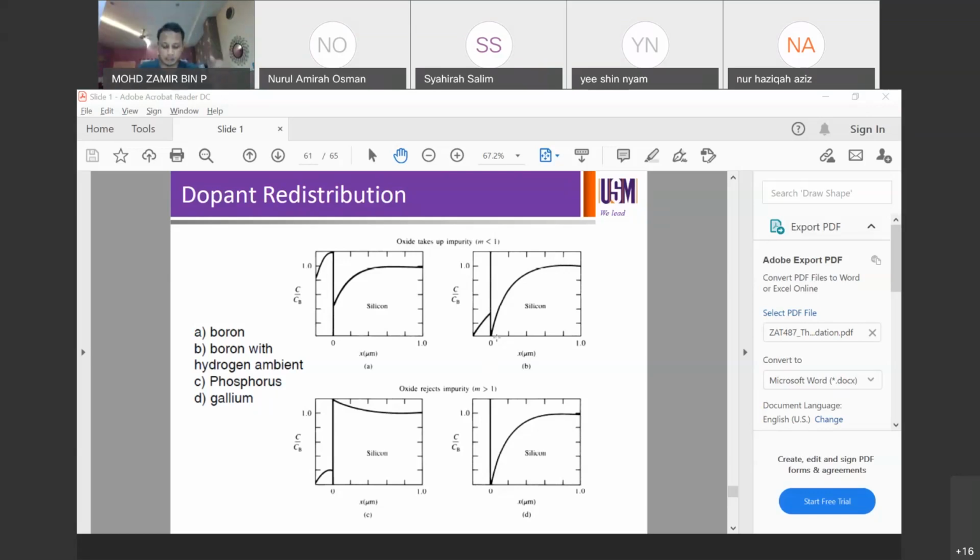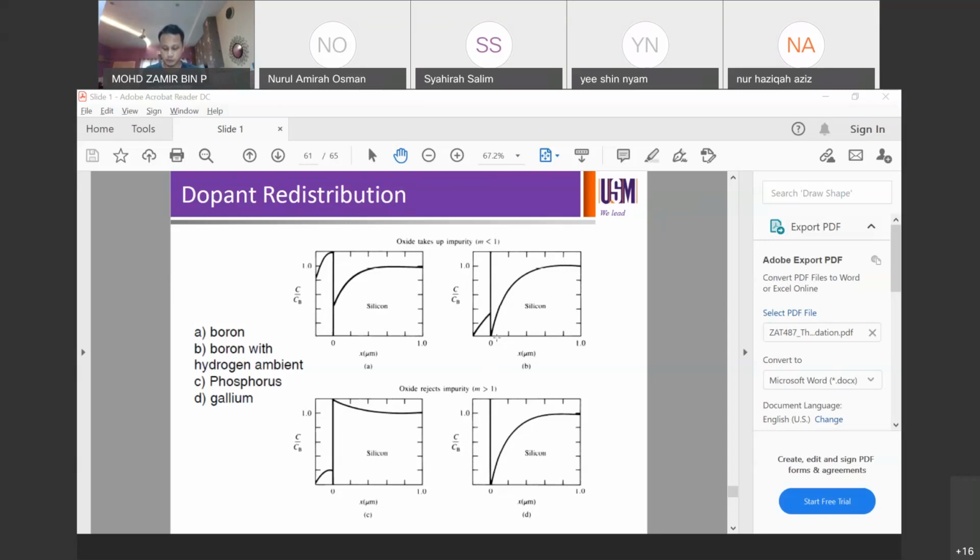But with hydrogen, it will enhance the diffusivity of boron in oxide. So that's going to lead you to more depletion of boron from silicon and more going into silicon dioxide. So C1 over C2 is going to be much lesser now in comparison to the condition without hydrogen. Okay? So the difference is only in the diffusivity of boron with hydrogen.